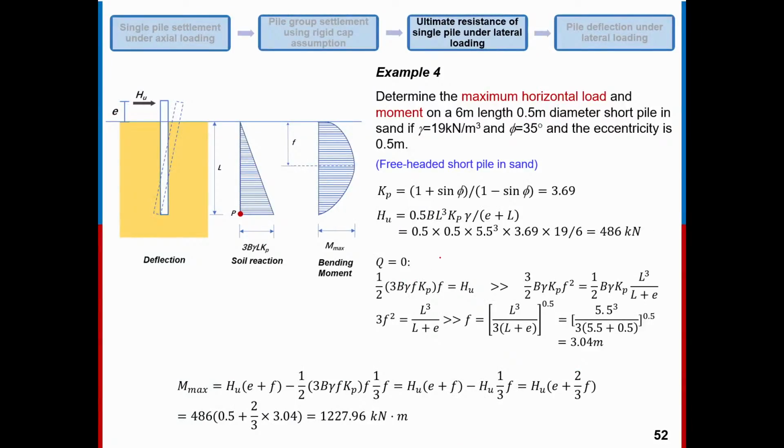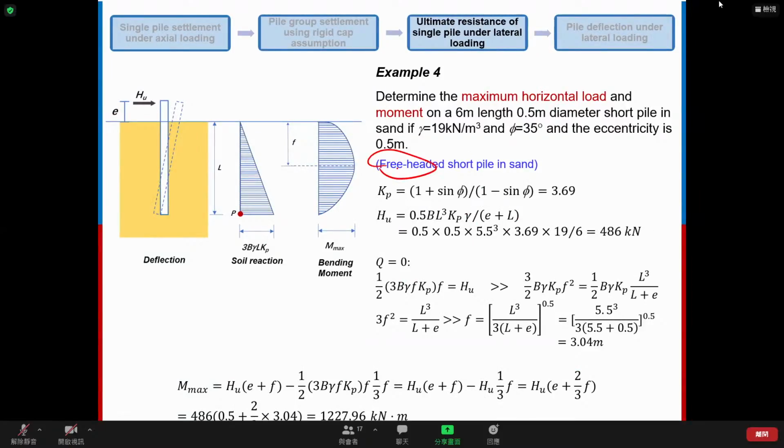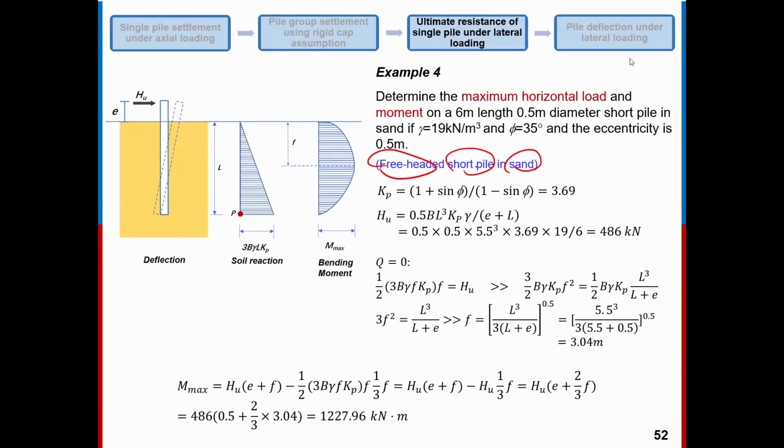Okay, in SAN, the keyword is free head, short pile in sand. SAN actually represents that you should calculate the passive earth pressure coefficient, Kp equal to (1 plus sine phi) over (1 minus sine phi).